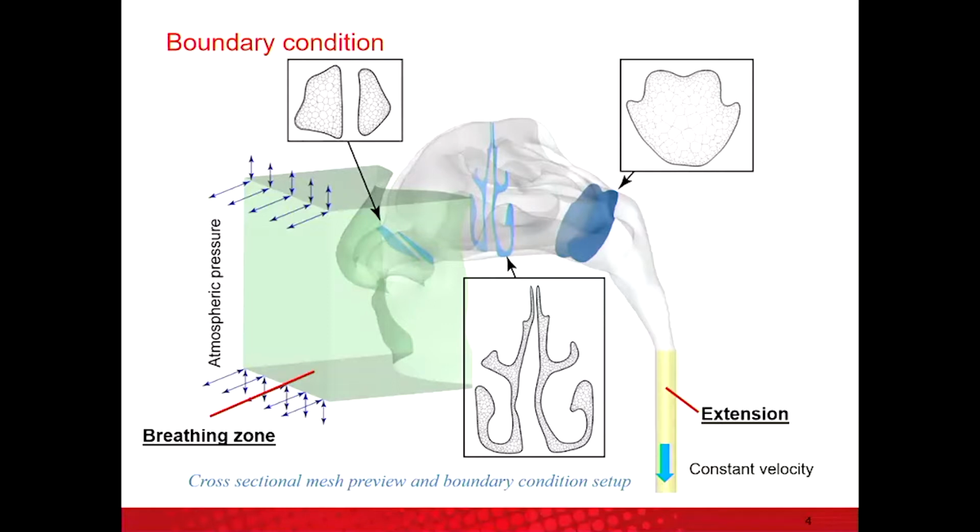And the other part is the extension. We built this artificial tube in order to replace the lower part of the respiratory tract. In this case, we apply the velocity boundary condition as the outlet of this artificial pharynx, because in this way we are able to generate a comparably realistic velocity profile at the end of the nasal pharynx region.